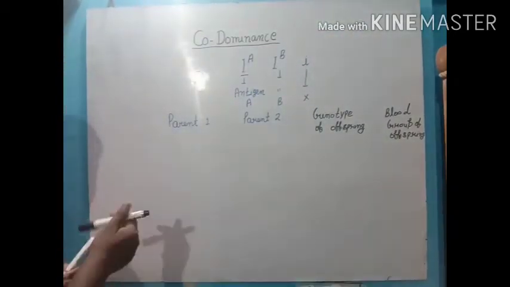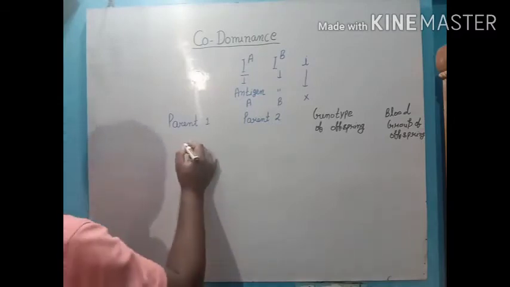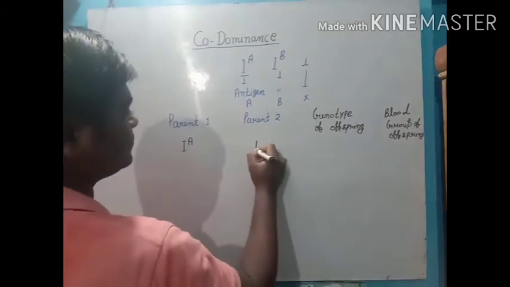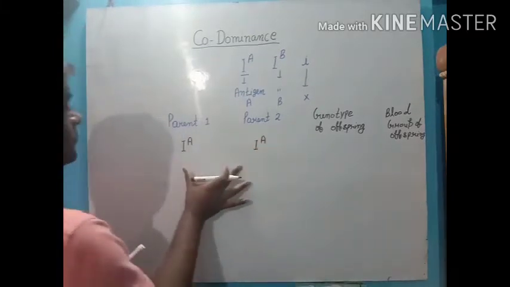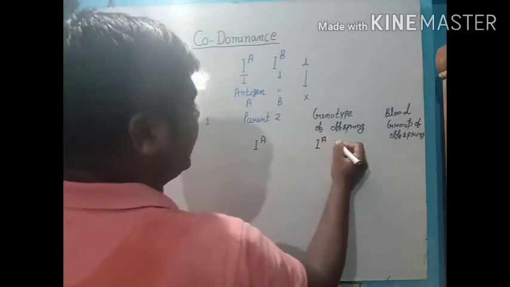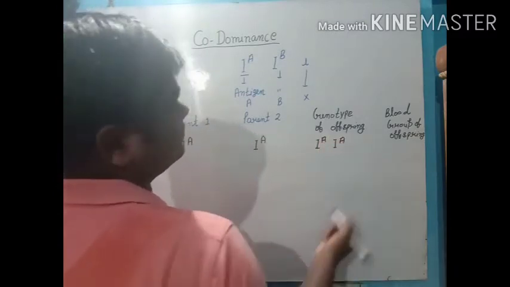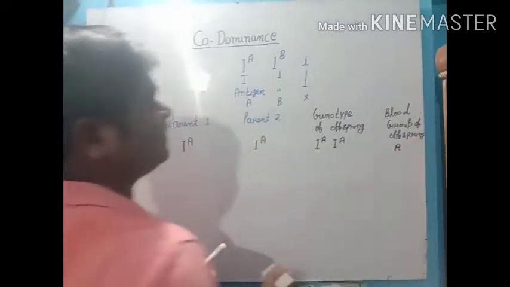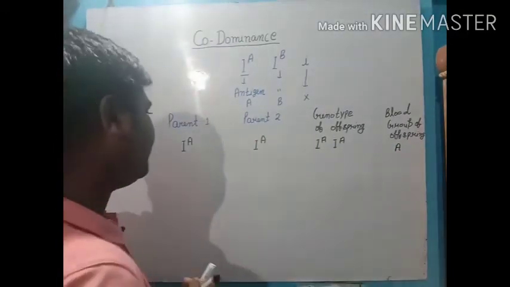So if parent 1 is having this one, what genotype do we have? We have to write it like this. And what is the blood group? Blood group is A. That is a simple one.